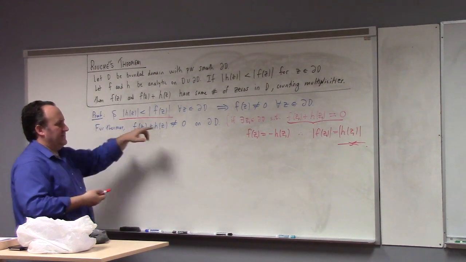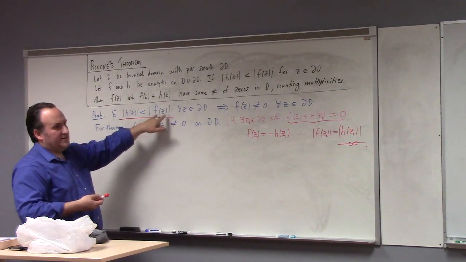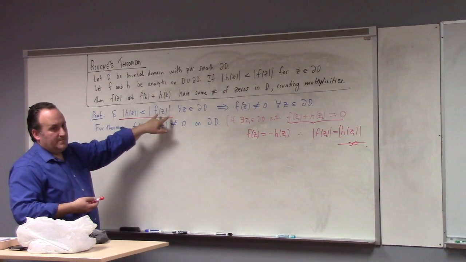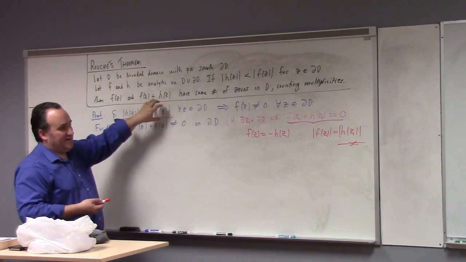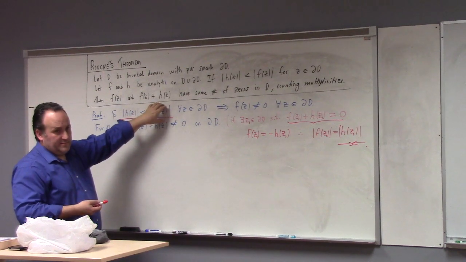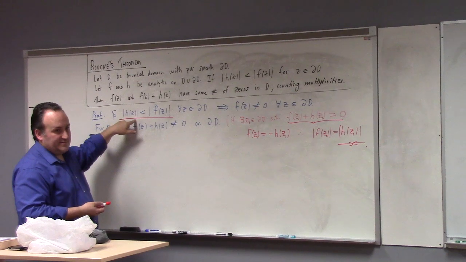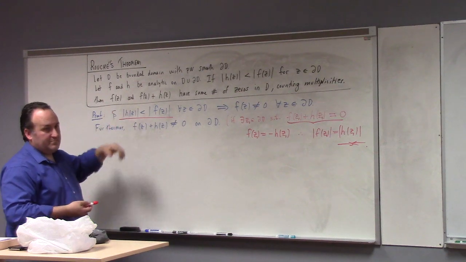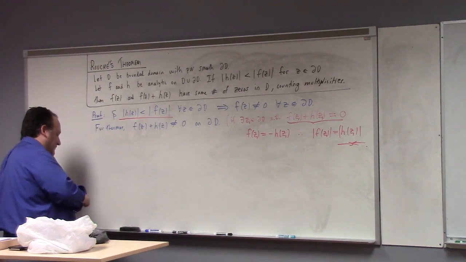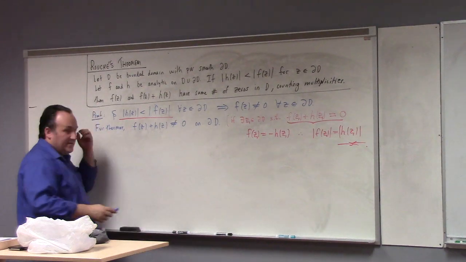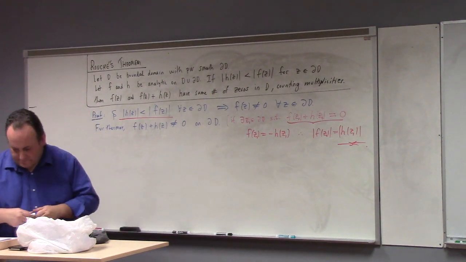I mean, do you see why it is also true that f of z is not equal to 0? If f of z was equal to 0, then you have the modulus of f of z is 0, right? What positive number is less than 0? Nothing, right? So this is impossible. Yeah, so, all right. So we have both f of z and f of z plus h of z are both non-zero.